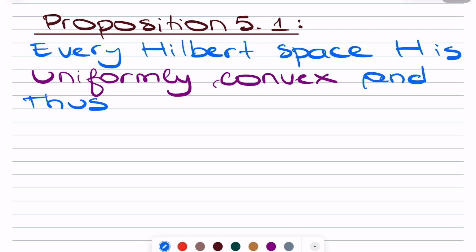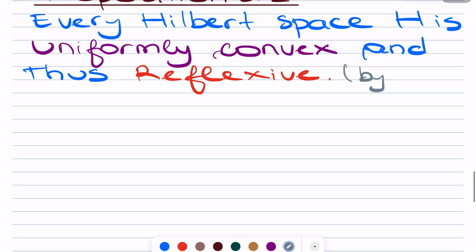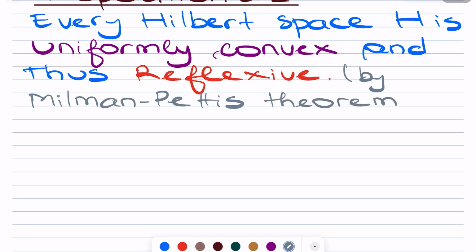So every Hilbert space H is uniformly convex and thus reflexive, by Milman-Pettis. I will put the link to the video at the upper right corner here.